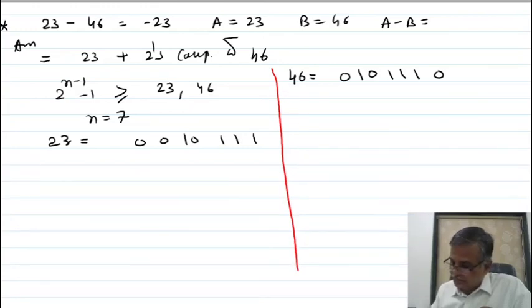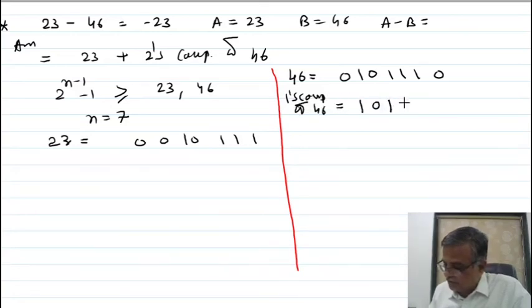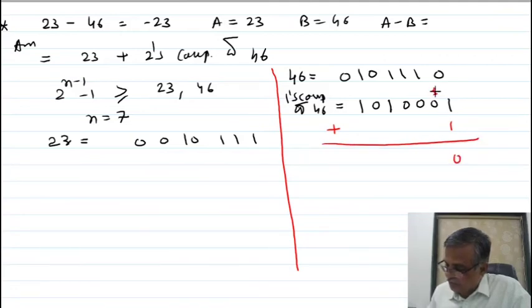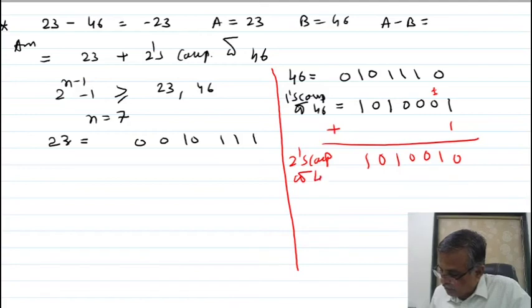Now the 1's complement of 46 is 1, 0, 1, 0, 0, 0, 1. Plus you do the addition of 1. This gives 1, 0, 1, 0, 0, 1, 0. This is your 2's complement of 46.